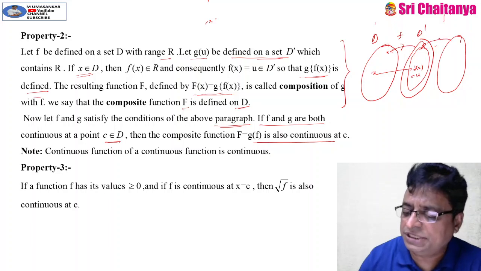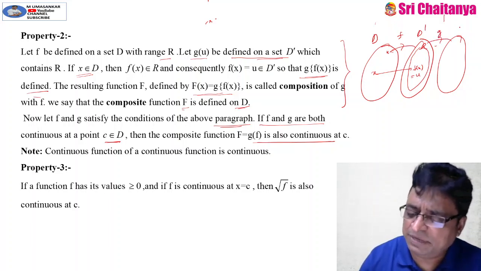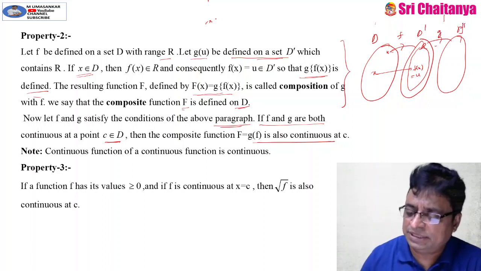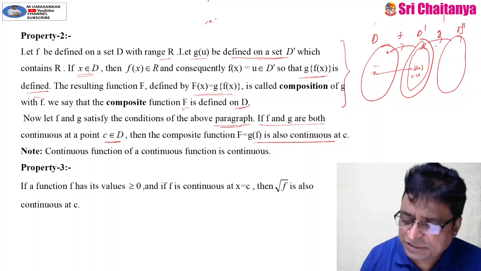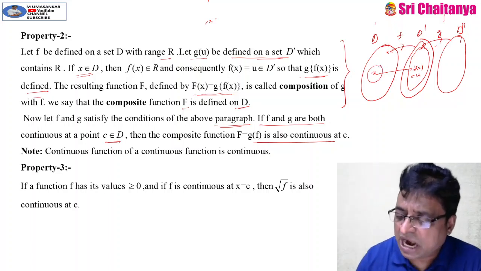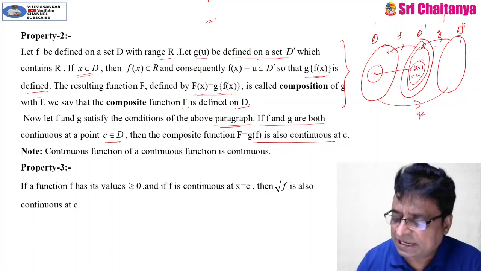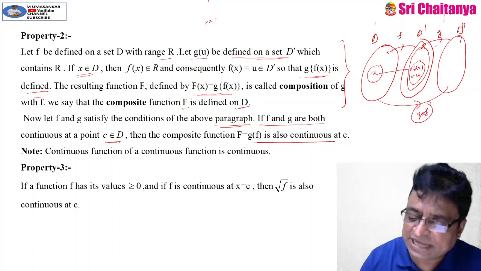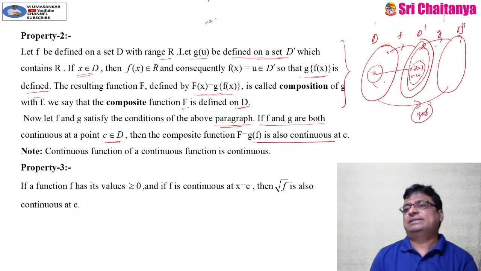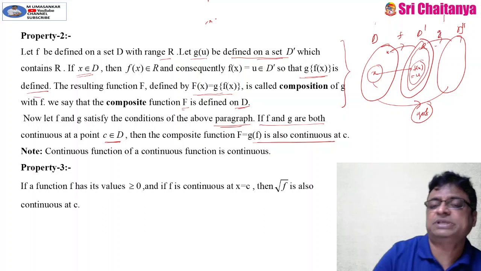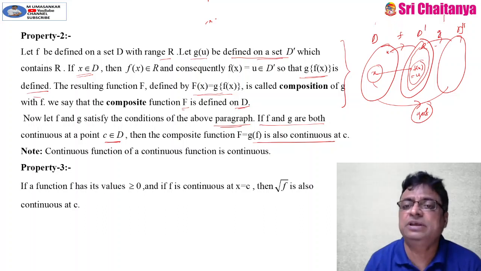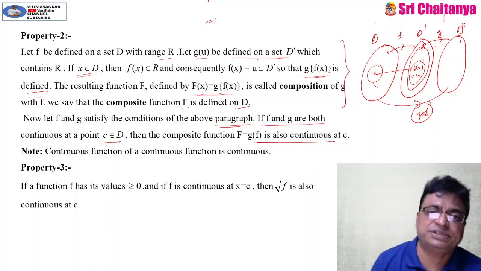The function g is defined from D dash to something, let it be some other set D double dash. If f is continuous at x and g is continuous at f of x, then g circle f, that is the composite of f and g, is again continuous at x. This particular concept is called continuity of the composite of two functions f and g.